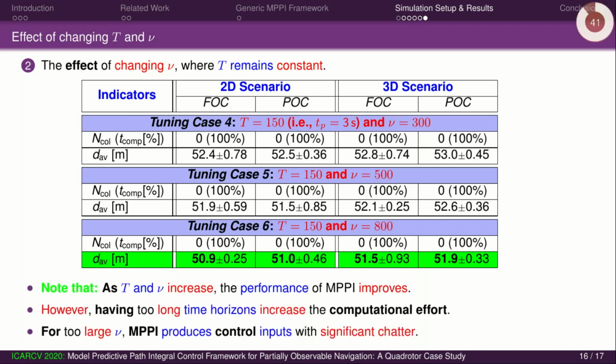This can be clearly seen in case number 3 and 6, as the average flying distance is the shortest comparing to other successful cases. However, having too long time horizons increases the computational effort as each trajectory takes more time to be simulated. Also, if nu is too large, the control generates control signal with significant chatter.